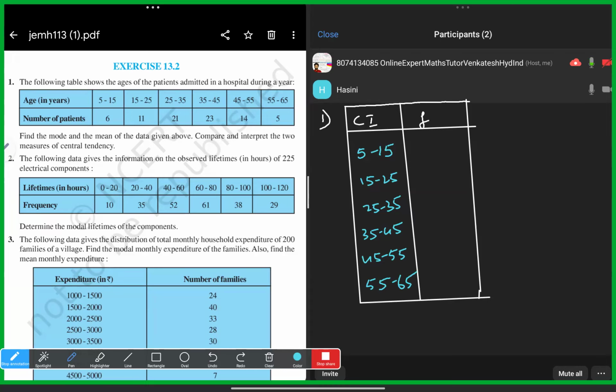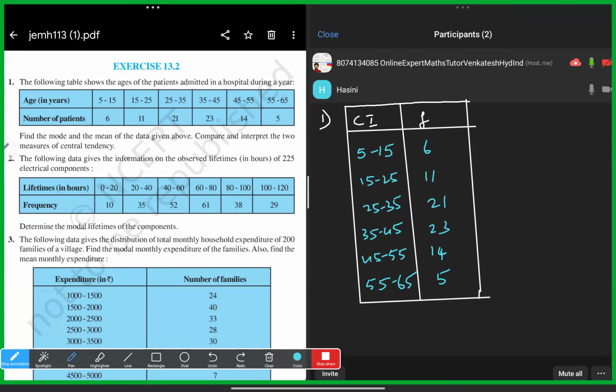The frequencies are 6, 11, 21, 23, 14, 5. So I wrote all the frequency values and class intervals.